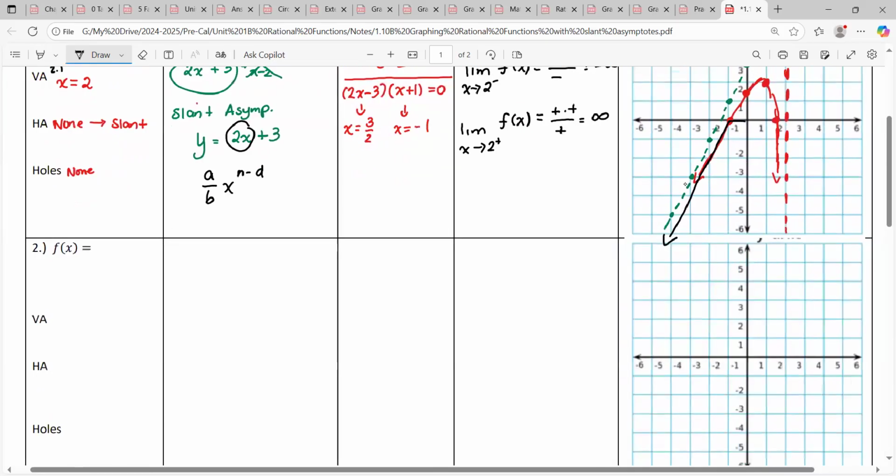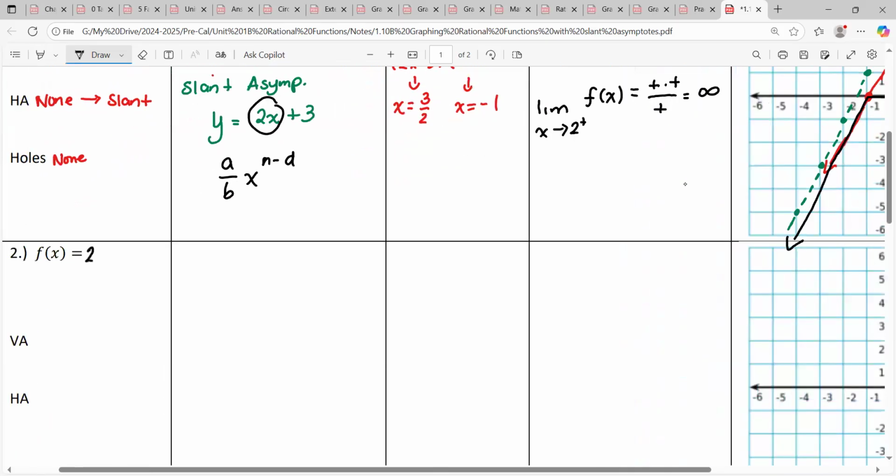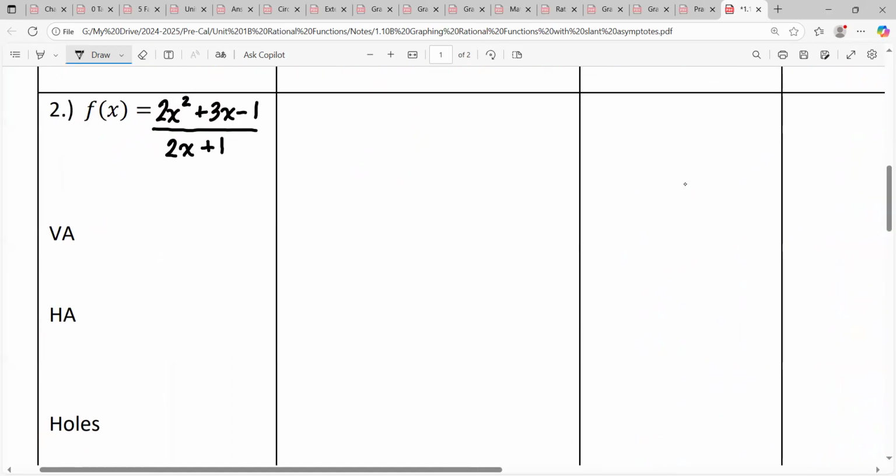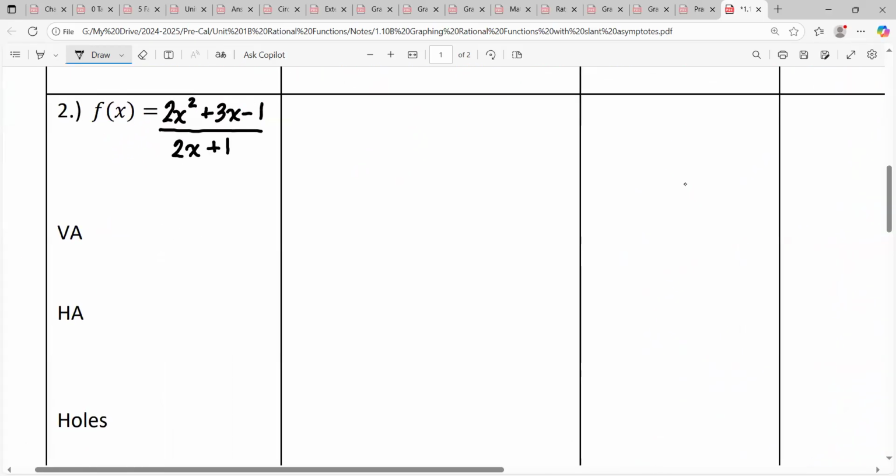Let's do 2x squared plus 3x minus 1 over 2x plus 1. Is the top factorable? Is the numerator factorable?